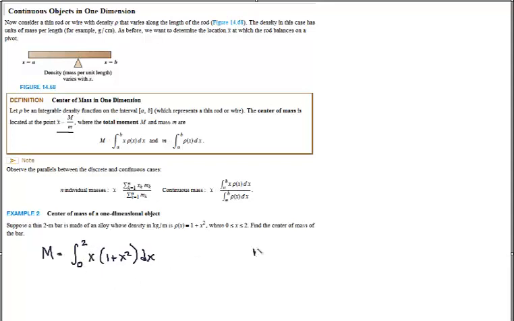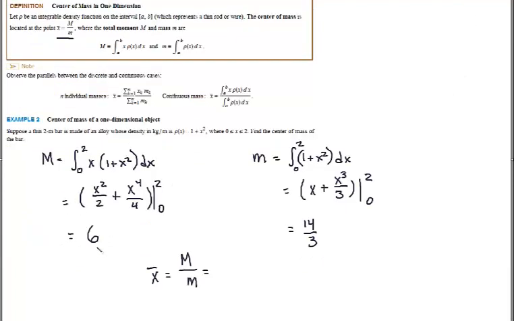My mass is just going to be my density, which is 1 plus x squared, integrated with respect to x, and those limits of integration are again 0 to 2. I'll integrate both of those, and then when I get those two values I'll just take that ratio, and that will be my center of mass.